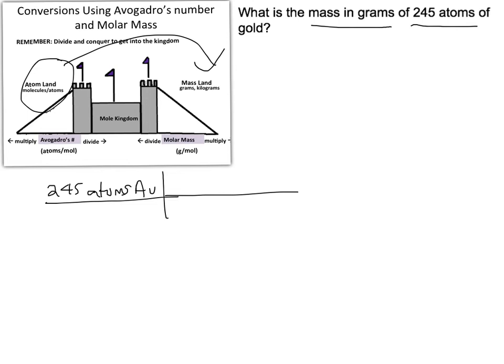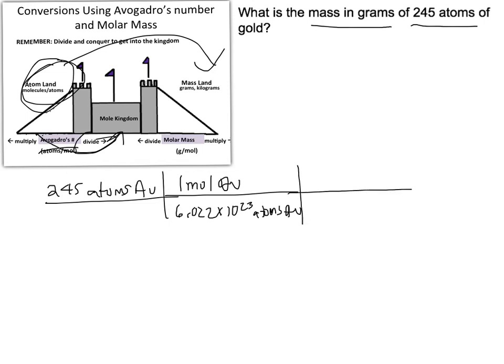All right. Now, in order to go from atom land to mass land, I first must get into the kingdom. So I must get into moles. Now, since I'm starting in atom land, I need to divide by Avogadro's number. So 6.022 times 10 to the 23rd atoms AU per every mole of AU.